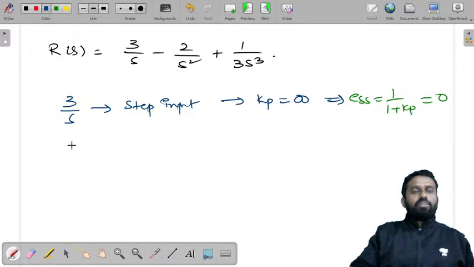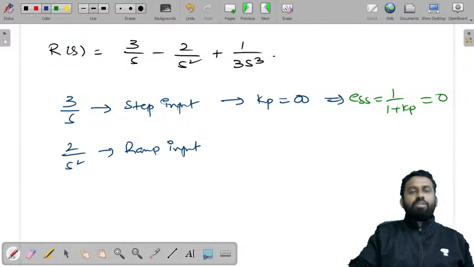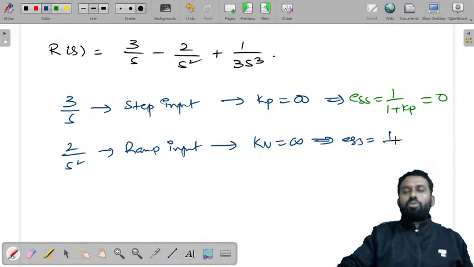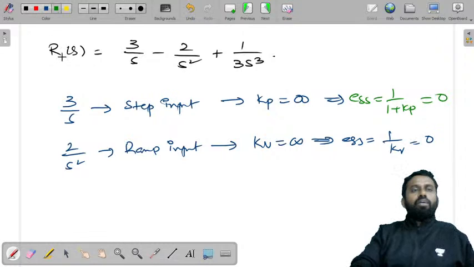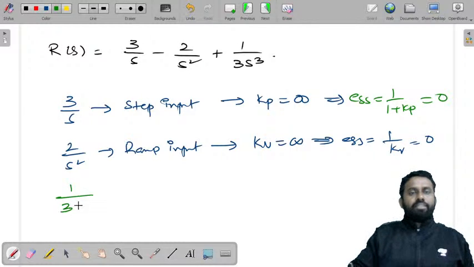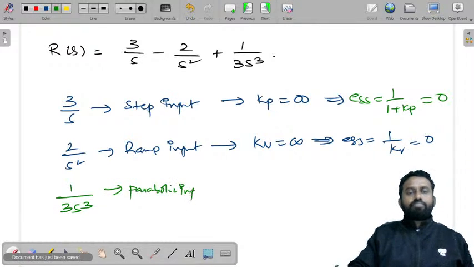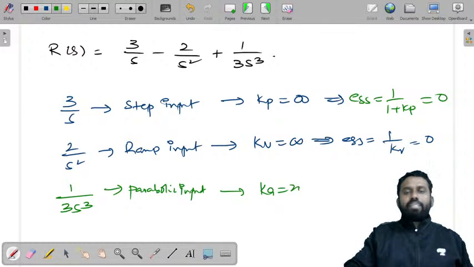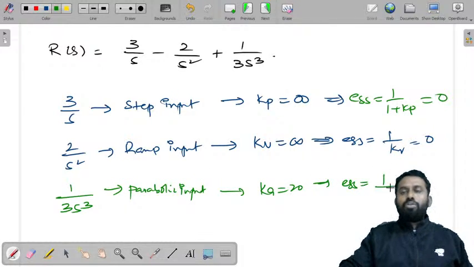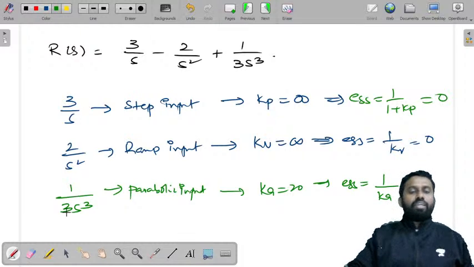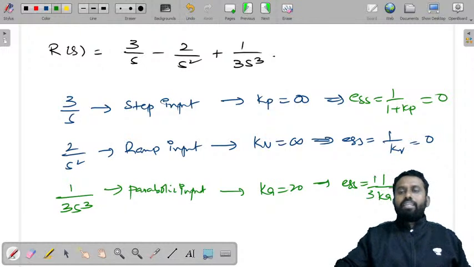If you take 2 by s square, it's a ramp input, and Kv we got as infinity, so ESS is equal to 1 by Kv, which is 0. And for 1 by 3s cube, that means for each and every term I'm finding this, this is a parabolic input, and you can find Ka as 20. So ESS is equal to 1 by Ka, but we are already given 1 by 3, so 1 by 3 into 20 is 1 by 60.